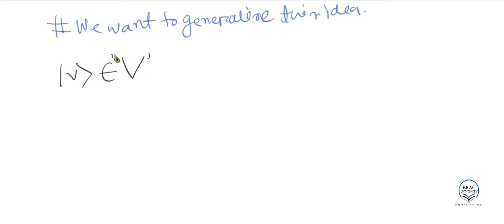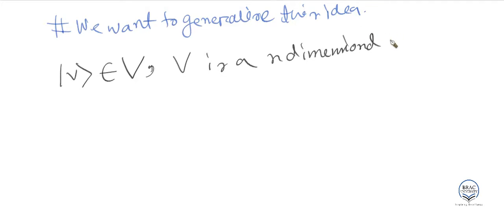And this vector space is n dimensional. So let's write it down. V is an n dimensional space, and since this is n dimensional, it should have n basis vectors.